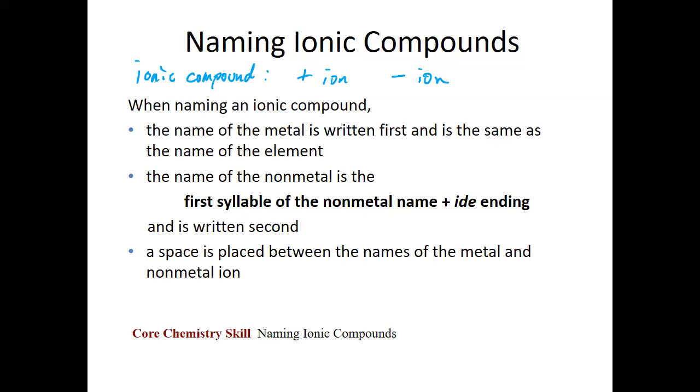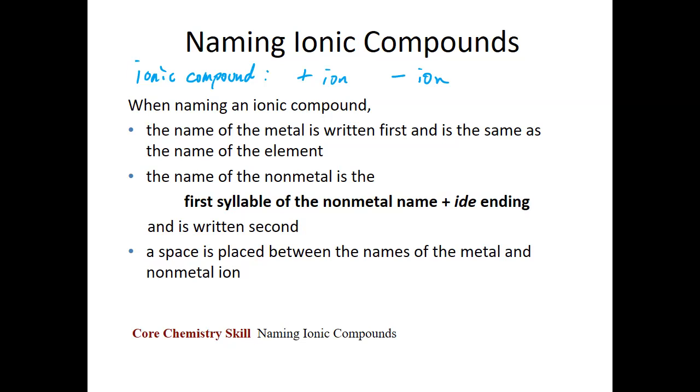Now, as we discussed earlier, when we have that negative ion, we are going to change the name of that negative ion to show that it is negative. That's where that IDE ending comes in. It only applies to that top right-hand corner of the periodic table.